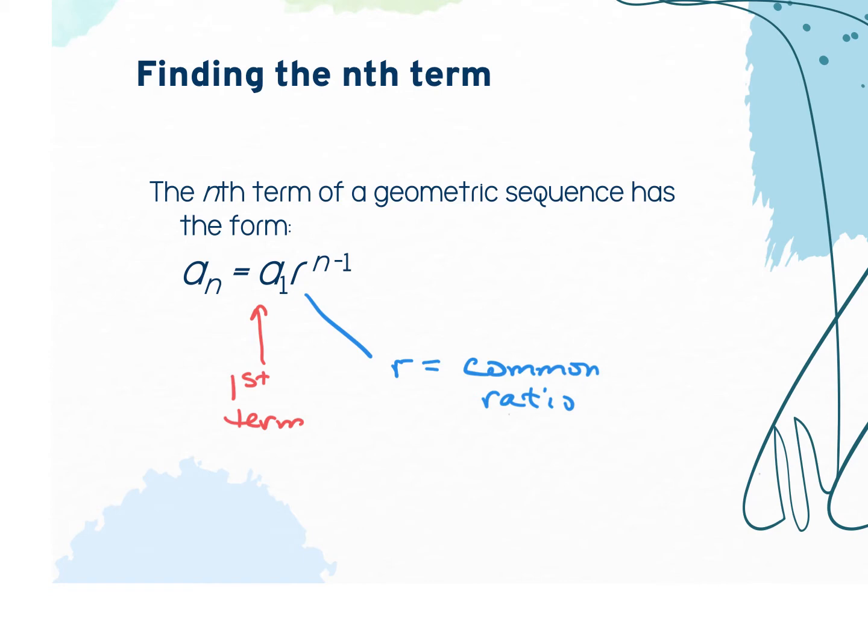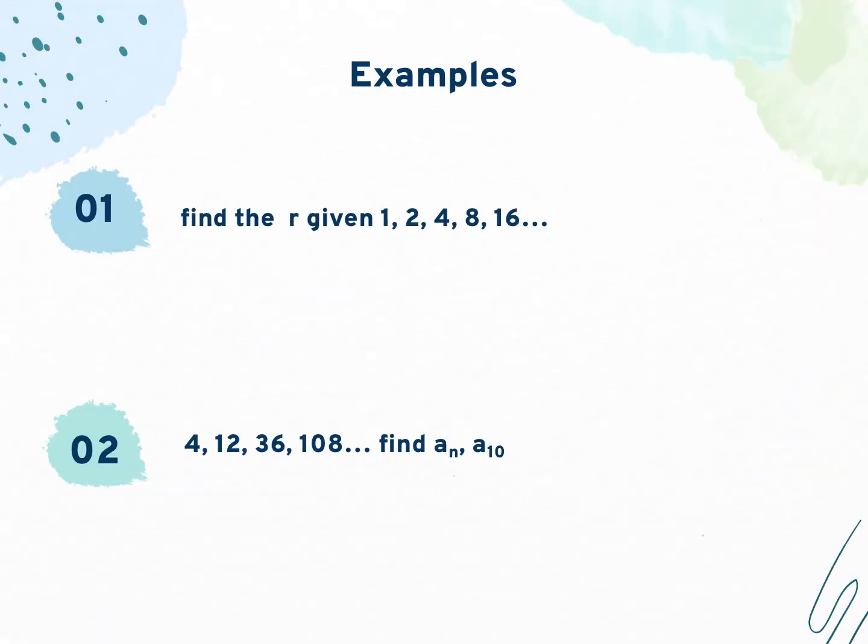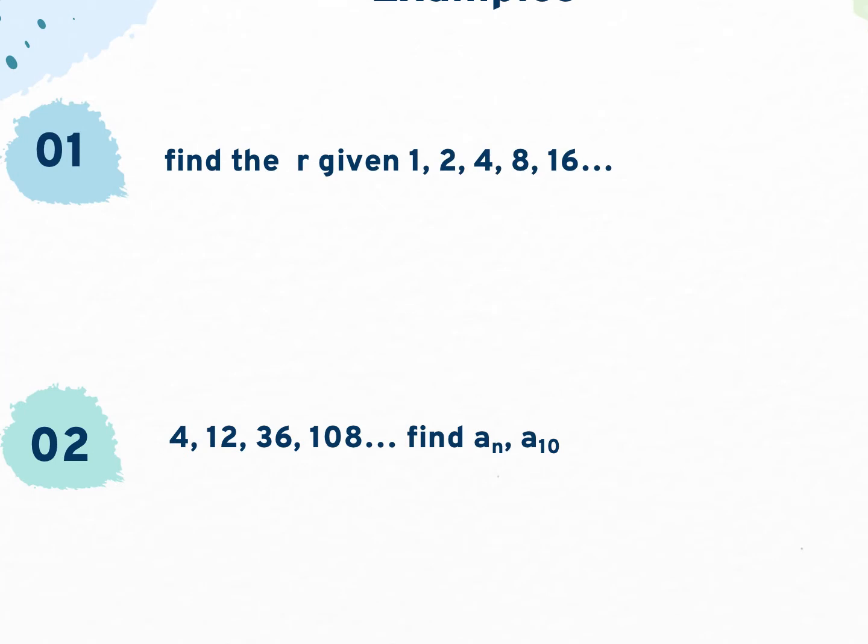So let's go ahead and see if we can find the common ratio given a sequence. Here it wants us to find the common ratio. What are we multiplying by to complete our sequence? Again, you can take any two terms that are consecutive. For example, I could take 2 and divide it by 1, and that would give me 2, which is my common ratio.